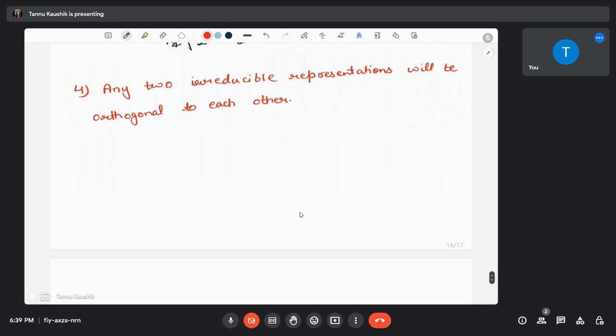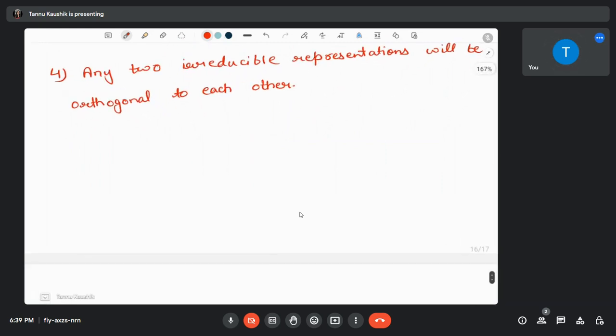So with the help of this fourth postulate, we solved the group multiplication table, which will now look like this.